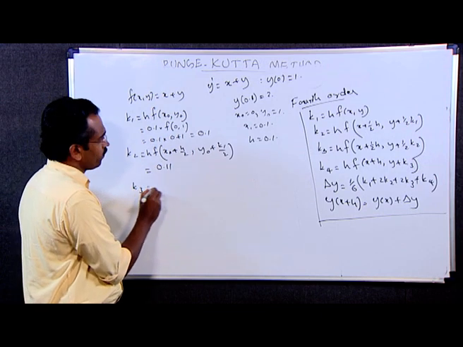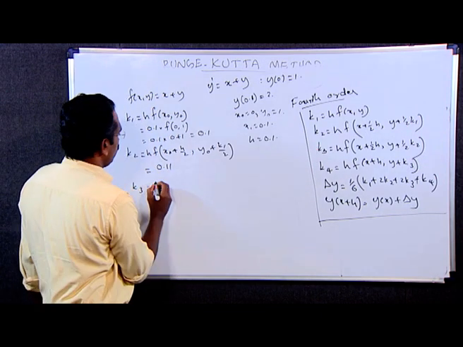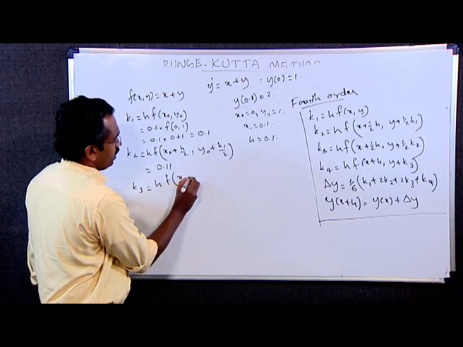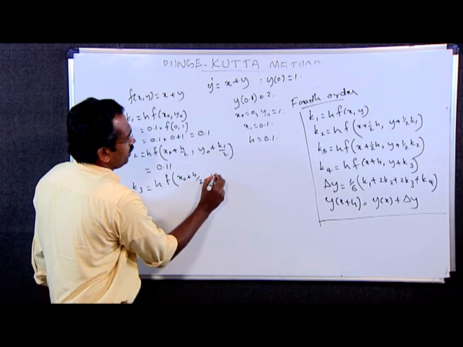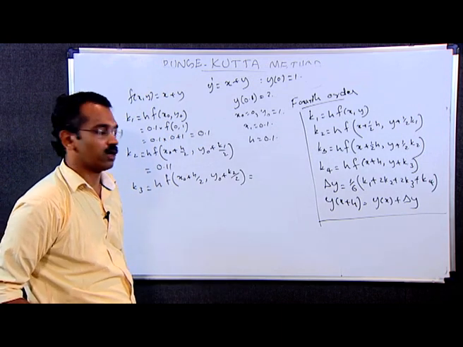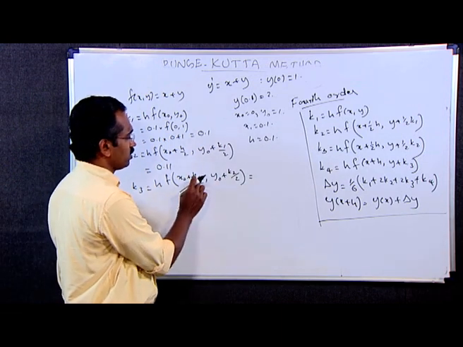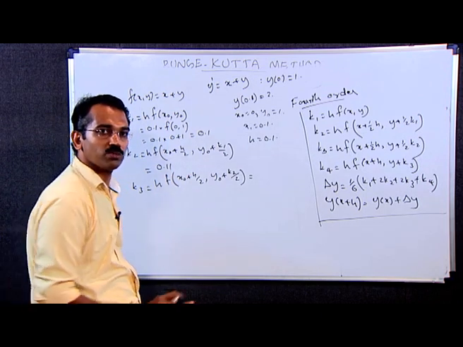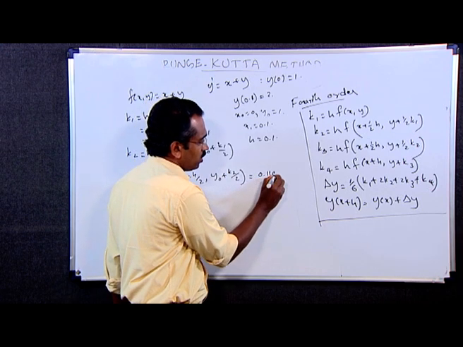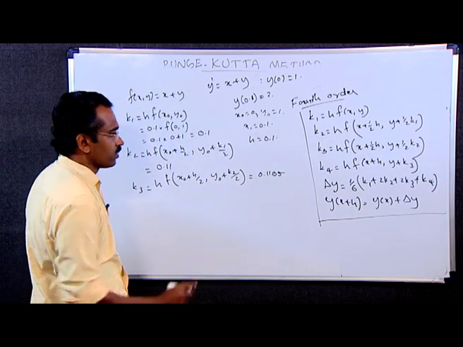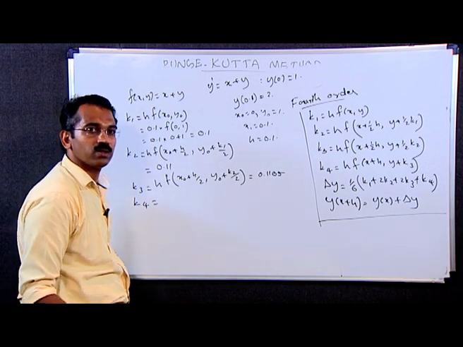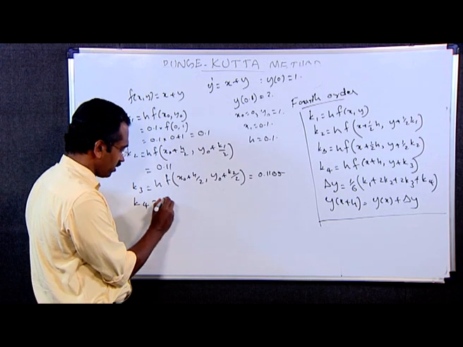K3 is equal to h into f of x naught plus h by 2 comma y naught plus K2 by 2. After substituting the values of x naught, y naught, h and K2, on simplification we get K3 as 0.1105. Similarly, K4 can be obtained as 0.12105.